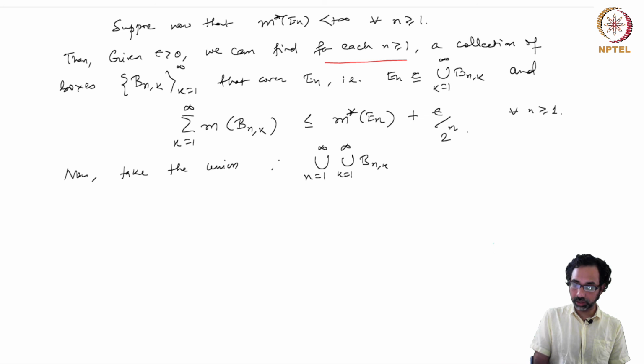This is a superset of E. So, it covers E, and this is a countable collection of boxes. So, m star of E is bounded above by this double sum n equal to 1 to infinity, k equal to 1 to infinity measure of b n k.